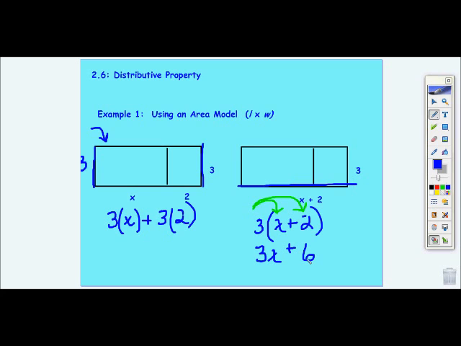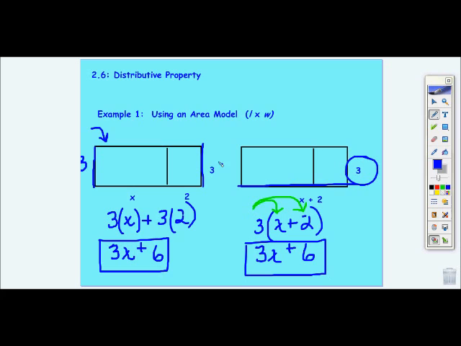If I combine my terms here, I get 3 times x is 3x plus 3 times 2 is 6. So you can see the distributive property using one common term. I can write it in this simpler form.